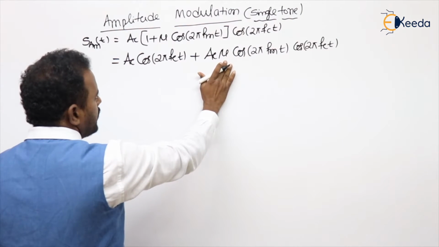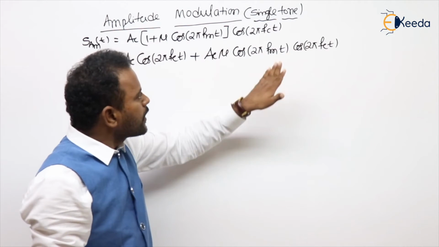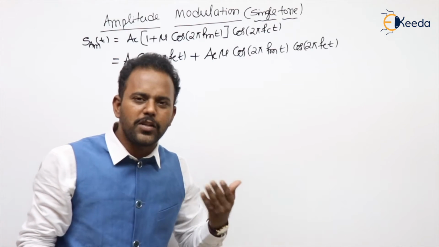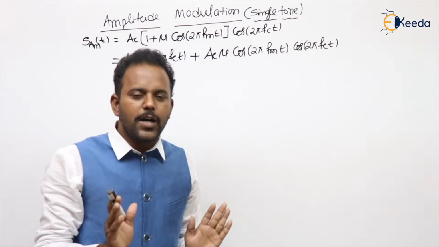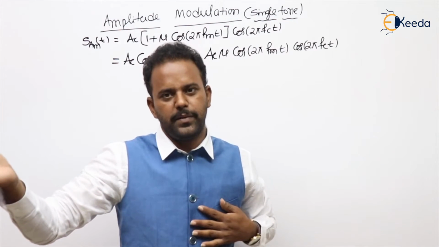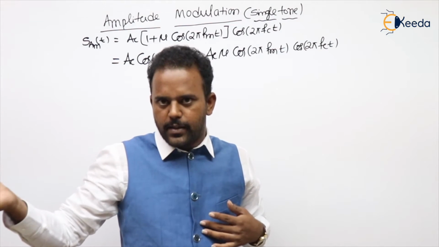Now, whenever in a communication system we get cos A into cos B, or sin A into sin B, or cos square A, or sin square A, try to expand. What is the cos A cos B formula? Cos(A+B) plus cos(A-B), with a half. What is the sin A sin B formula?